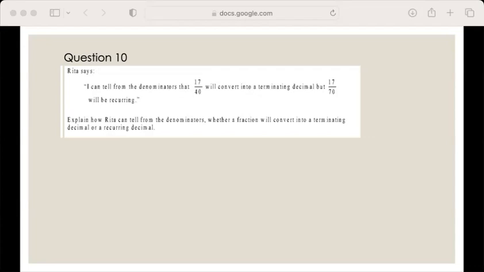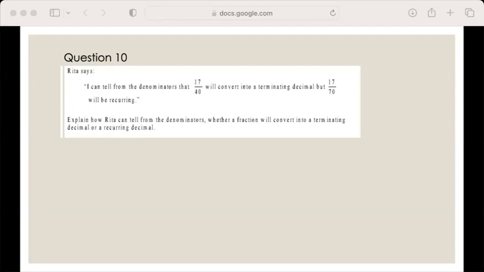Okay, it is not hard to figure out. You just look at the prime factors of the denominator. There can be many prime factors.